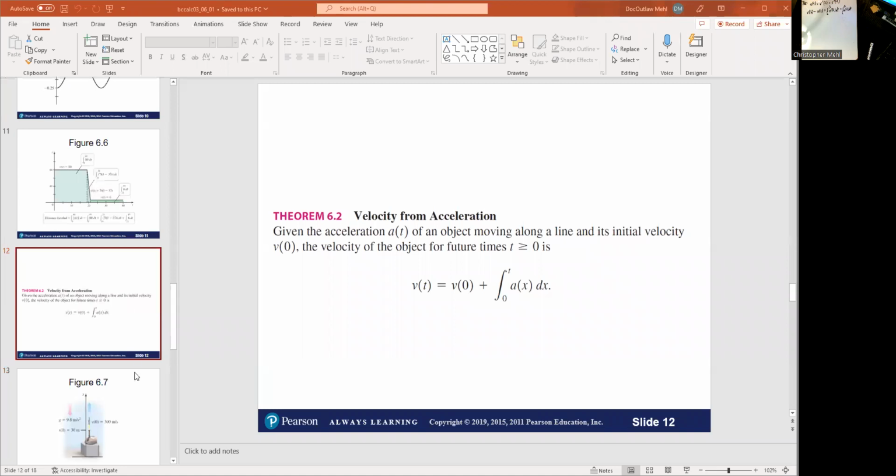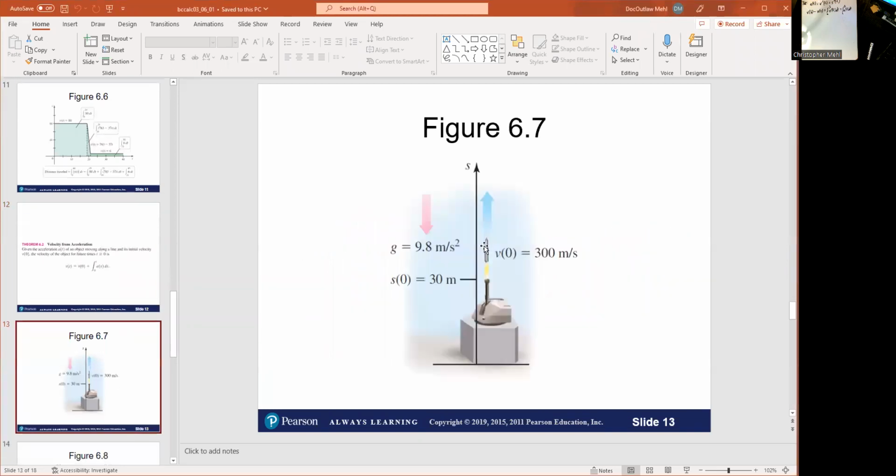So let's consider a little example here of an old artillery problem. An artillery shell is fired directly upward with an initial velocity of 300 meters per second from a point 30 meters above the ground. So maybe we have a cannon sitting up on a rock or whatever the case may be.